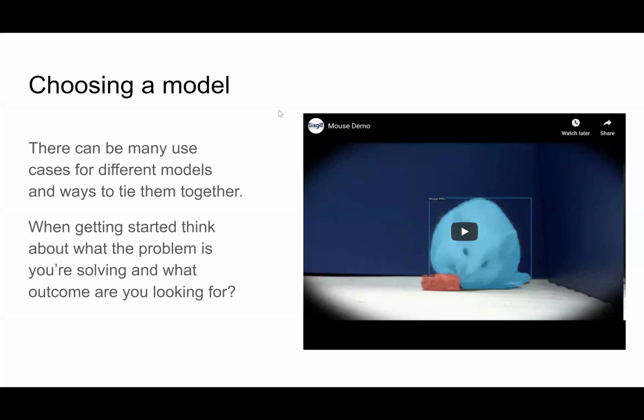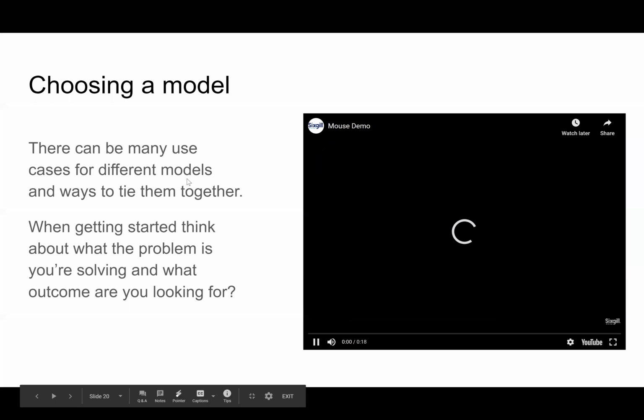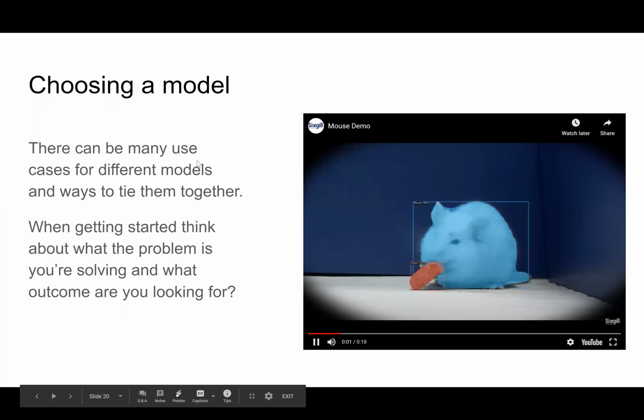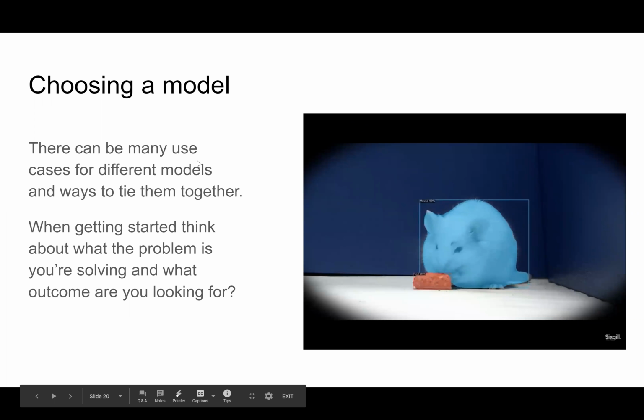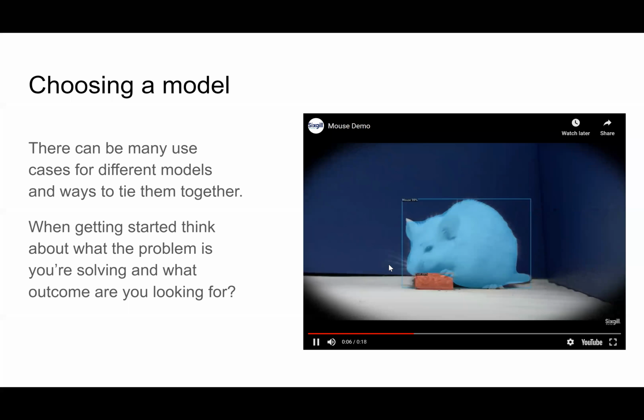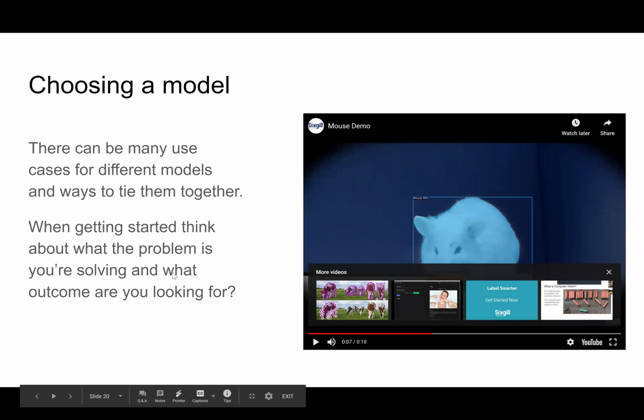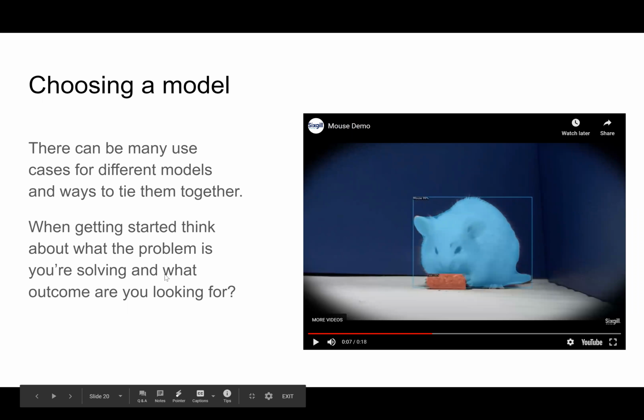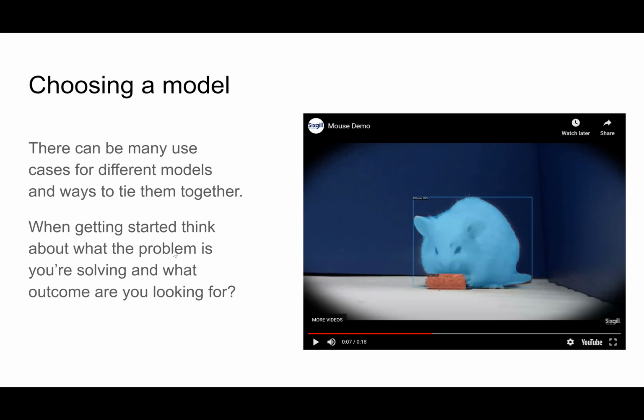Choosing a model. There can be a lot of factors that go into choosing a model and ways to tie them together. But when you're just getting started, if you haven't done computer vision a lot before, just think about what problem you're solving and what outcome you're looking for. If you're counting how many animals there are at a certain time of day or in a frame, then you could use object detection.